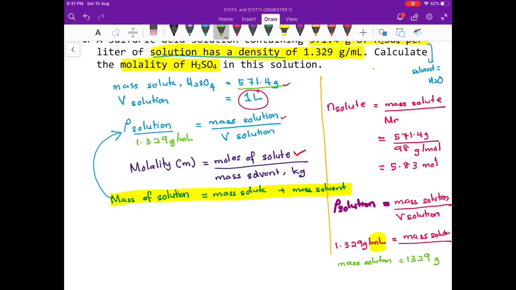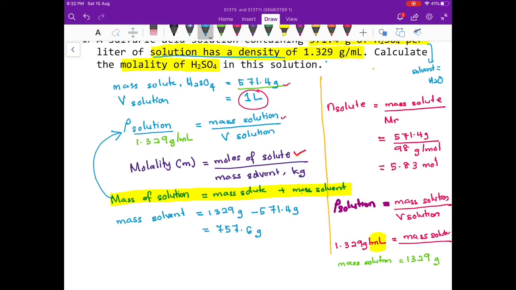Okay, can you determine the mass of the solvent? Yes, we can. Mass of solvent is equal to 1329 gram minus the mass of the solute, which is already given in the question, and we will get 757.6 gram.